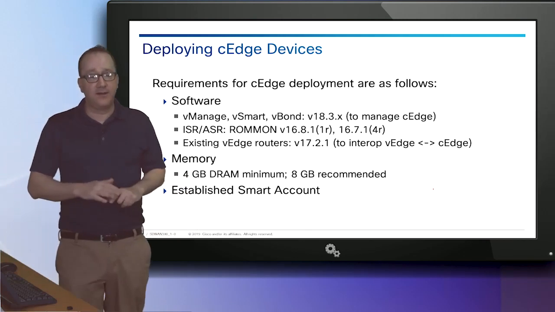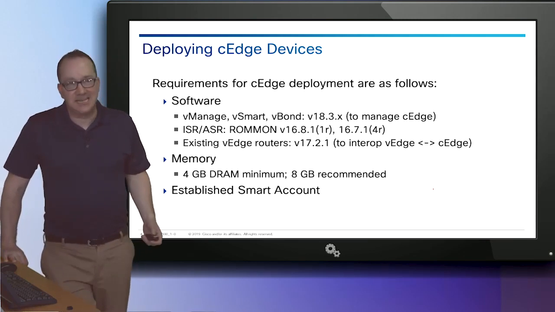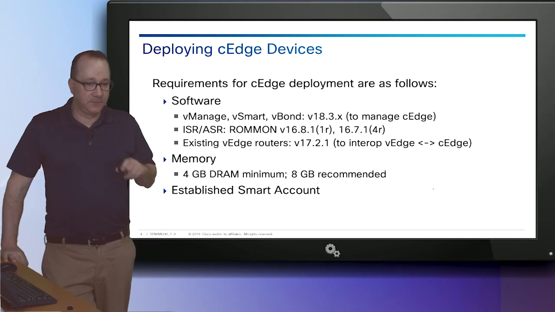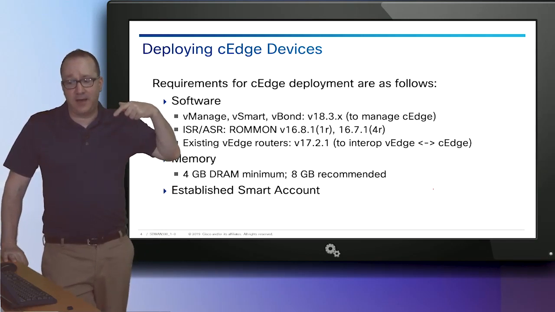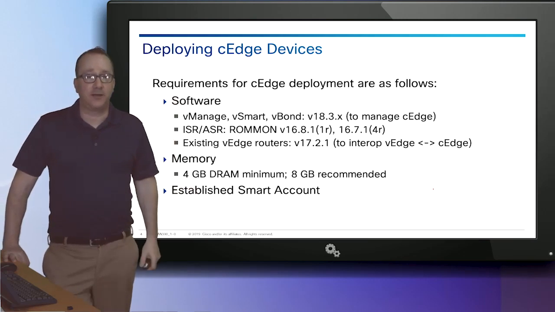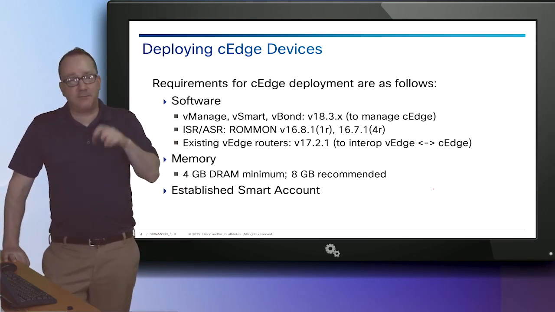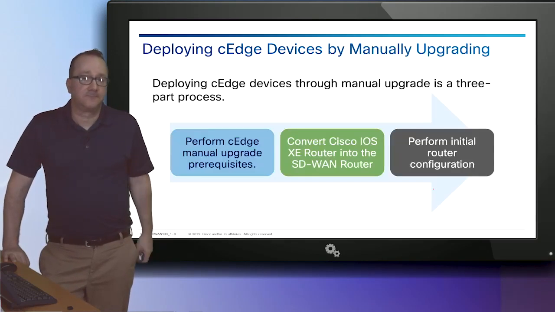If you try to run vEdge software that's higher than the vManage, it's not going to be able to register to the device. So if you plan to deploy the system, upgrade your vManages before you upgrade your vEdge devices. We're going to talk about that in our OAM section later.